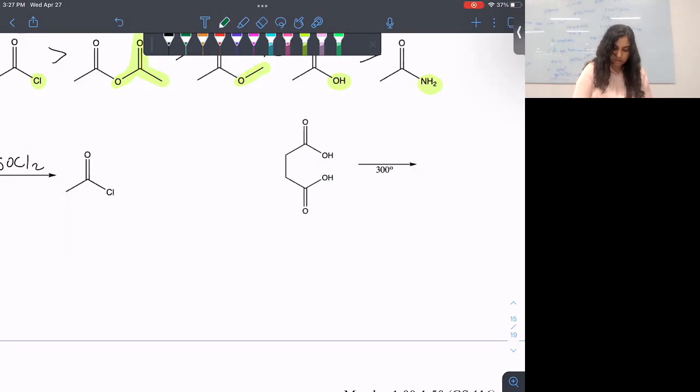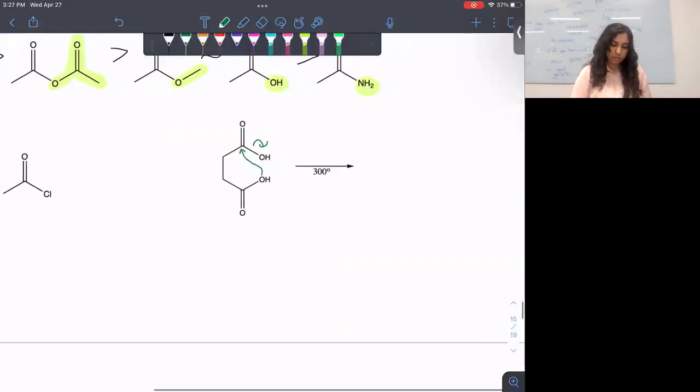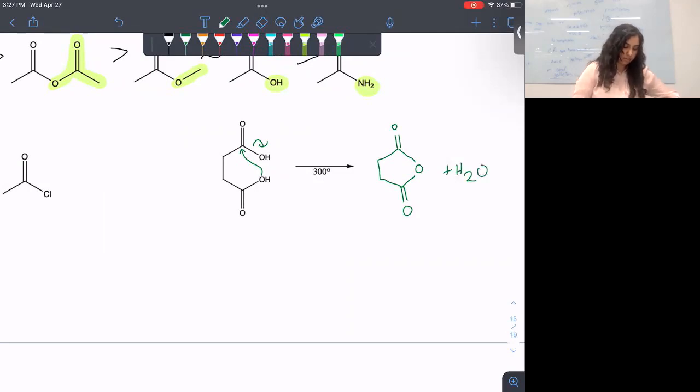I just do a nucleophilic attack from this and then the water leaves as a leaving group. So in the final product, I have this. We get a cyclic acid anhydride.